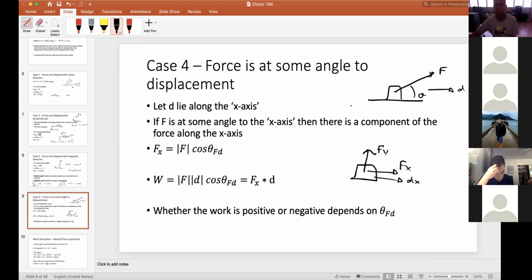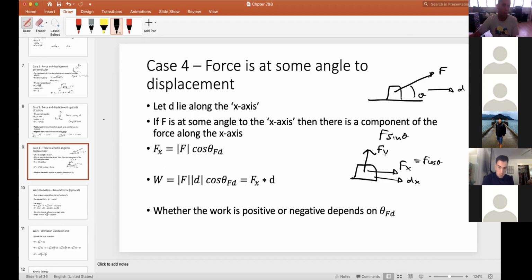So just like before, we can resolve this into F sine theta, F cos theta. We know that the definition is F dot D, and that is F D cosine of the angle between them. Another way of stating that is that the work is F of X times D, meaning because D is in X, we take the component of F in the same direction as D, and that's our dot product.